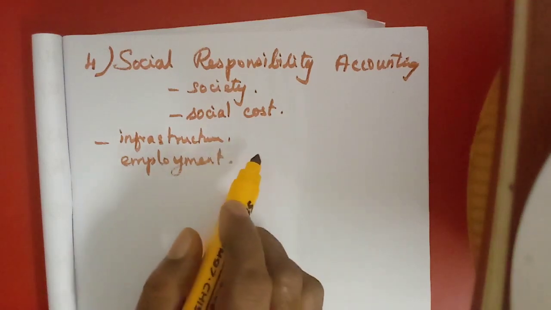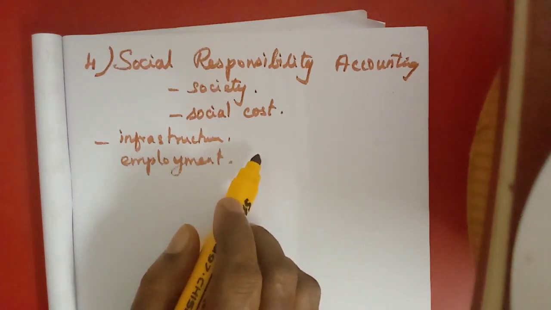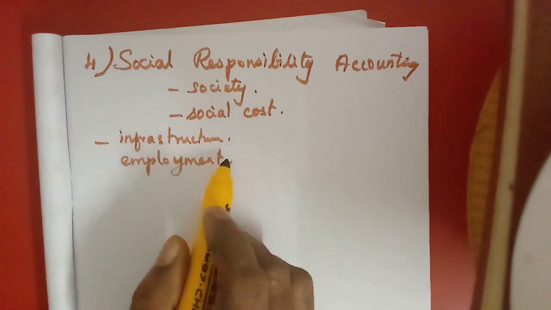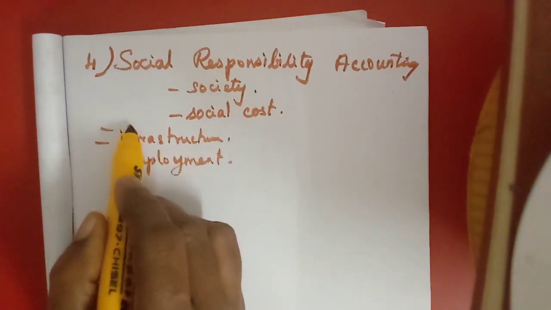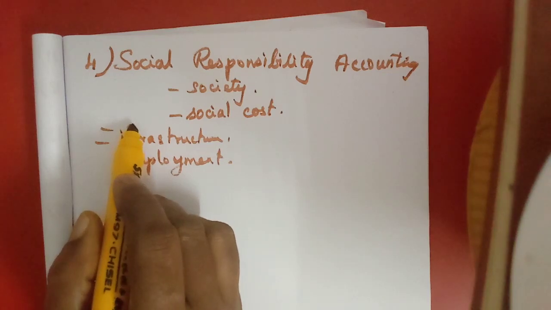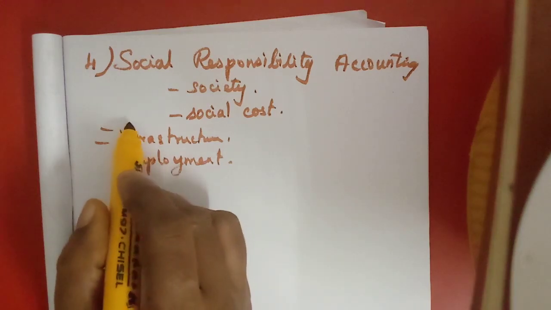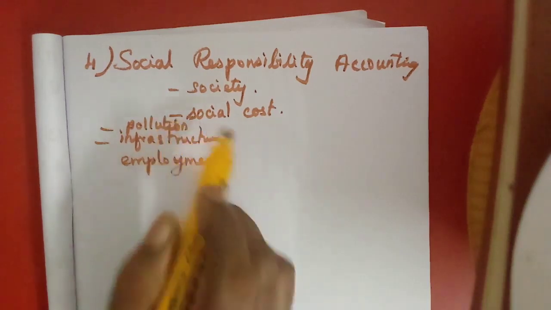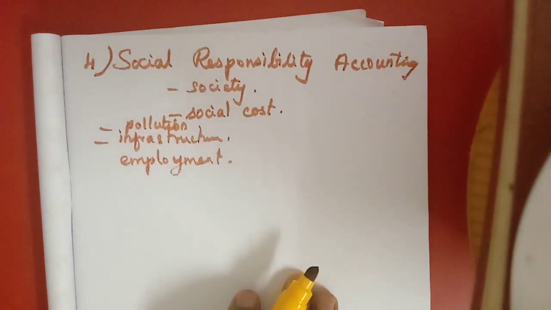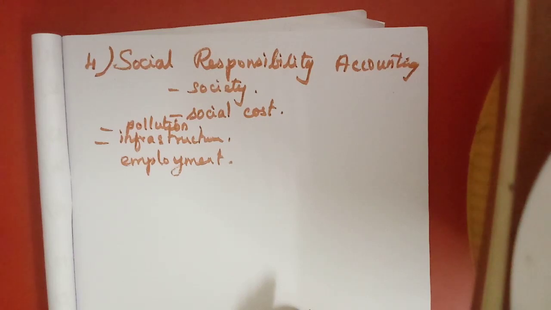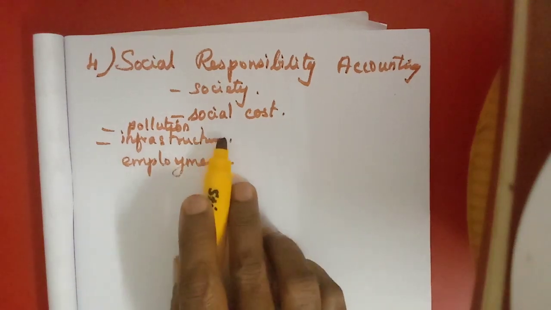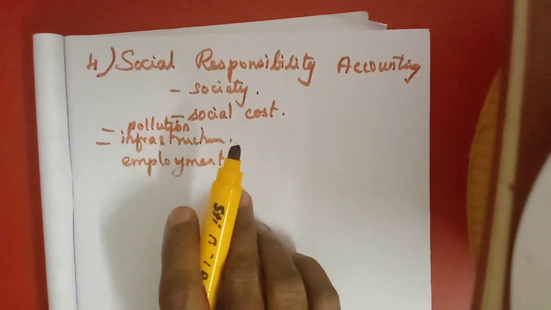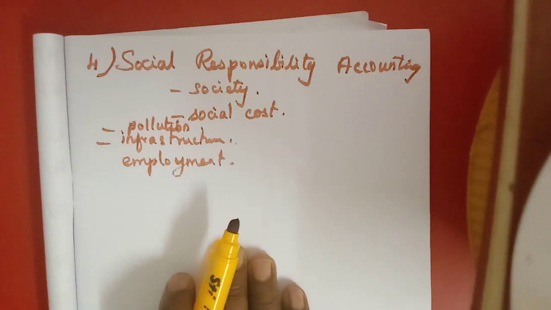Then the pollution: in order to protect the natural environment, the pollution should be controlled and a pollution-free environment should be created. For that purpose they may spend some money. That is called the social cost, so that will come under social responsibility accounting.